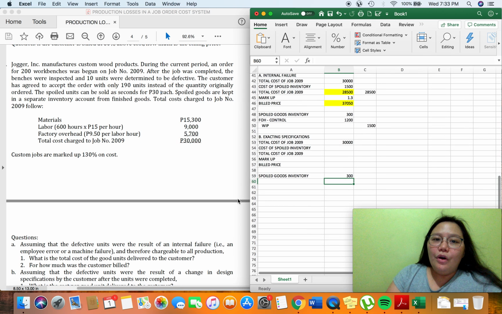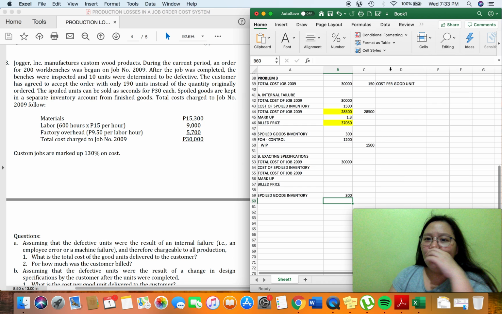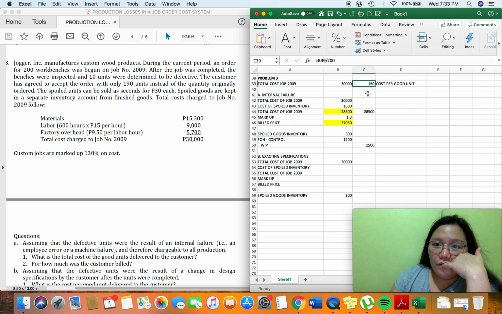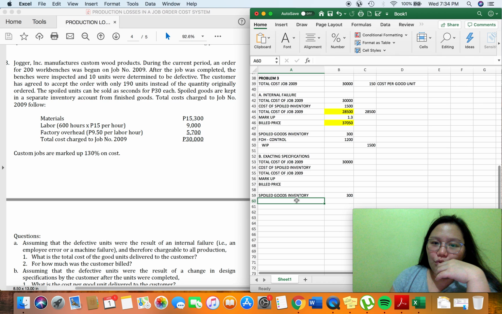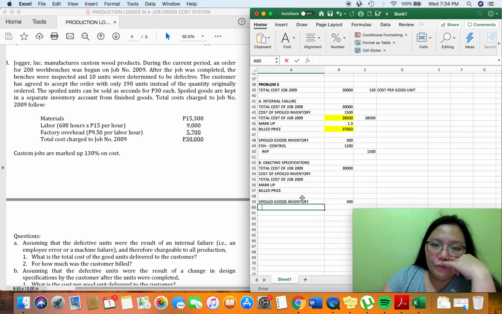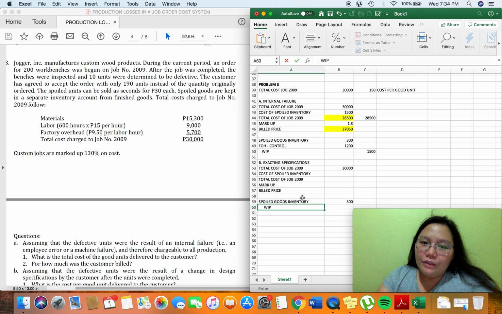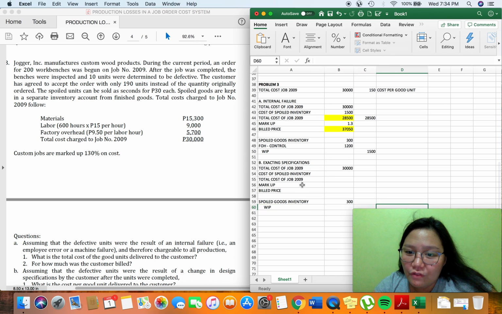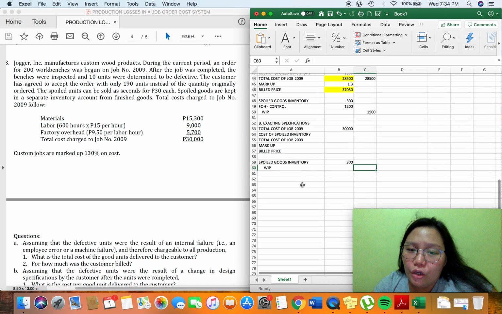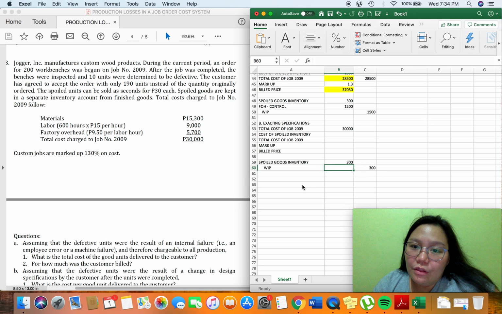Now, what we did earlier is that we computed the cost per good unit of job 2009. This time, there's no need to do that, since it is the customer's fault, di ba? We will just remove the net realizable value of the spoiled goods inventory from the work in process account of job number 2009, 300.